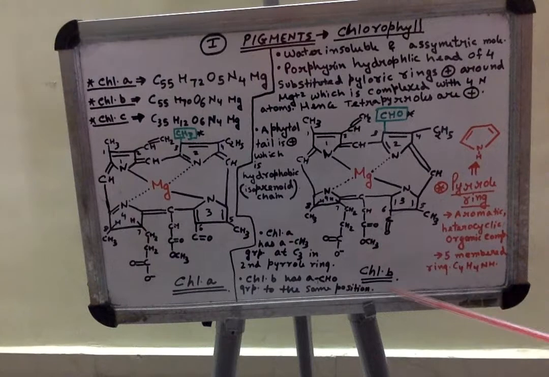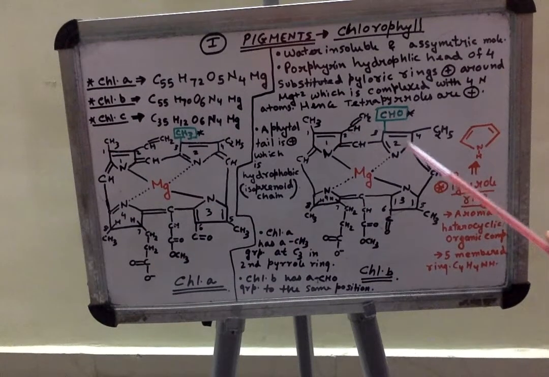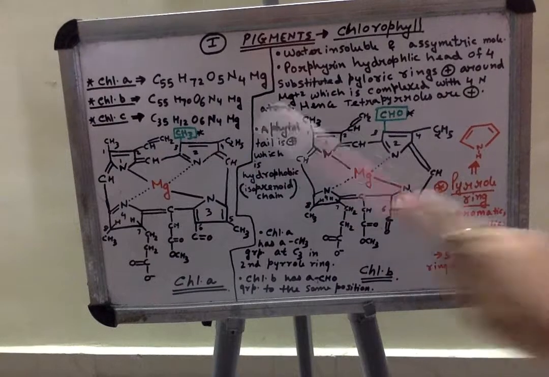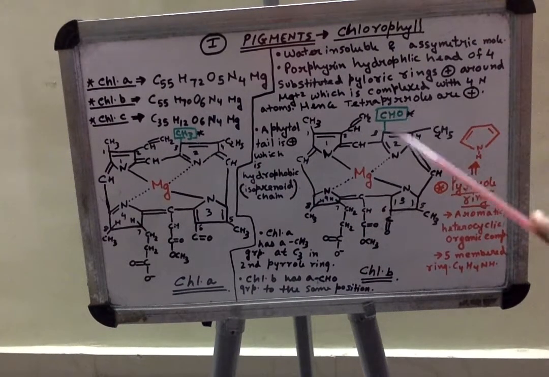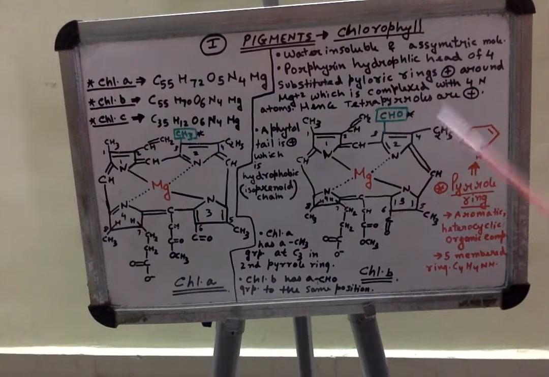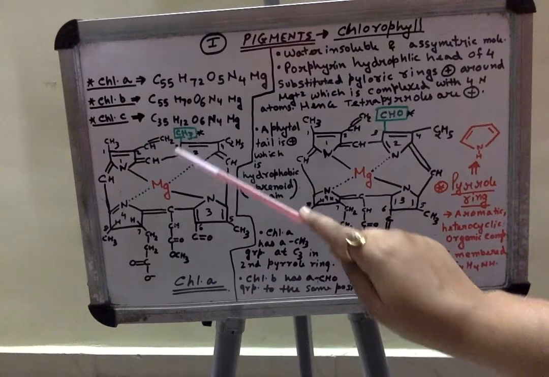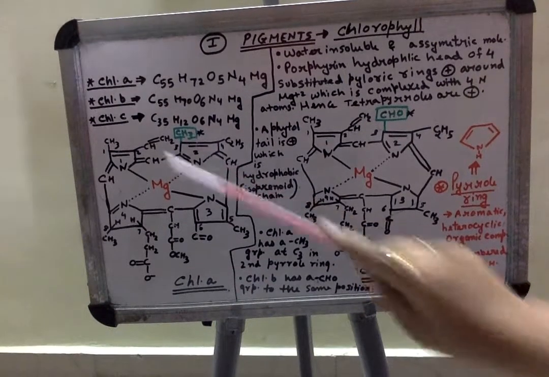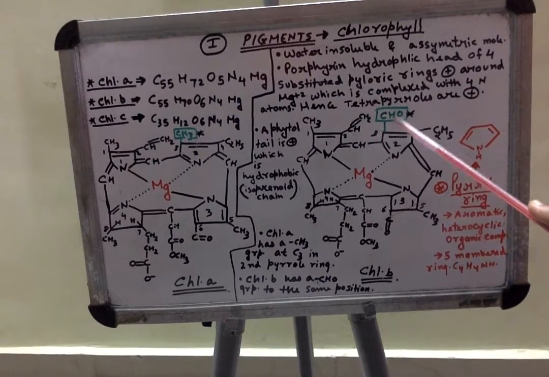But in chlorophyll B, at the similar position, the placement is the same, but the group is different. Here the group is an aldehyde, that is CHO, aldehyde group. So in chlorophyll A there is a methyl group, CH3, and in chlorophyll B there is an aldehyde group, or CHO group.